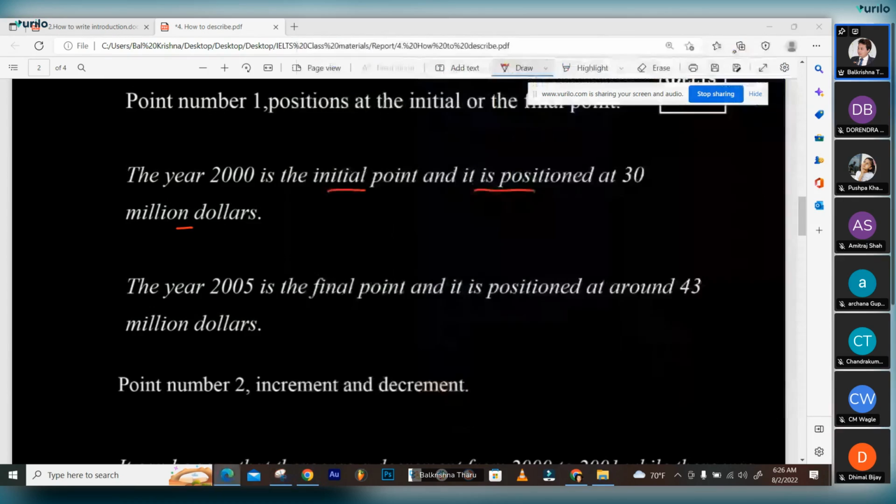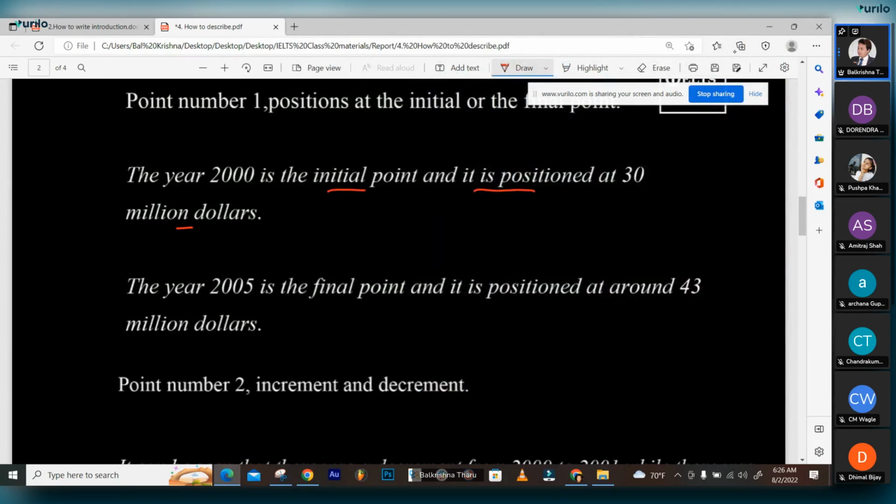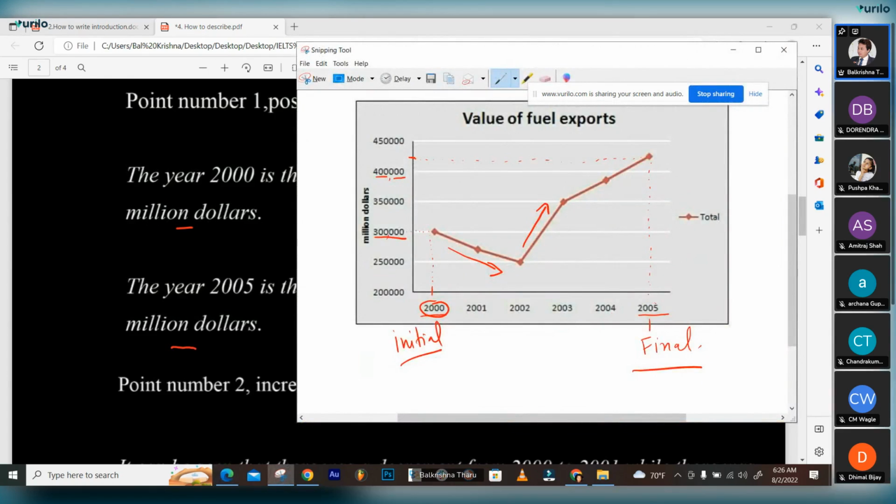The year 2005 is the final point, and it is positioned at around $43 million.